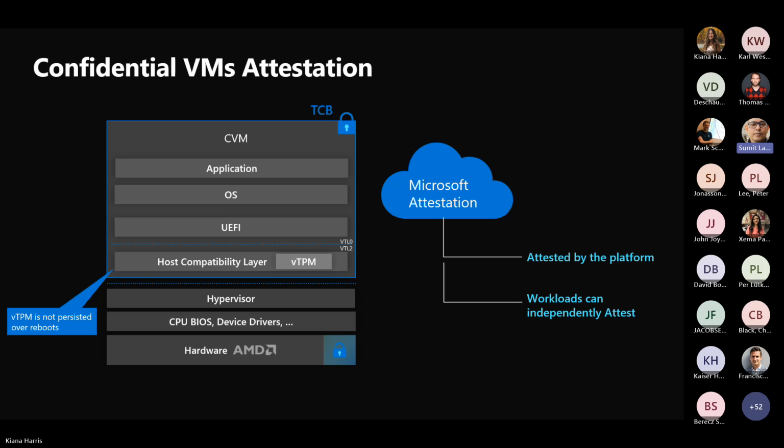Lastly, workloads can also decide that, okay, I have the infrastructure doing this, but I would like to attest independently. They could have a process in place where any secret that the workload is loading in memory is only allowed after the workload has itself been able to attest that it is running in a confidential environment. So those are the options that are available for the workload.